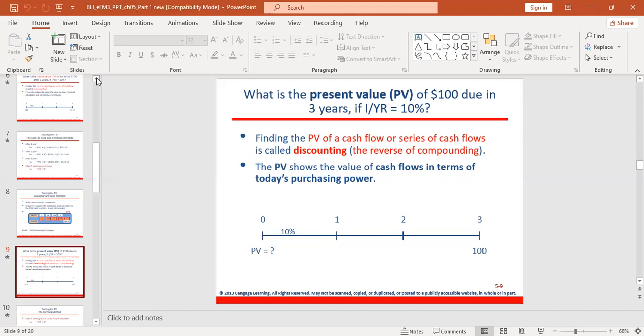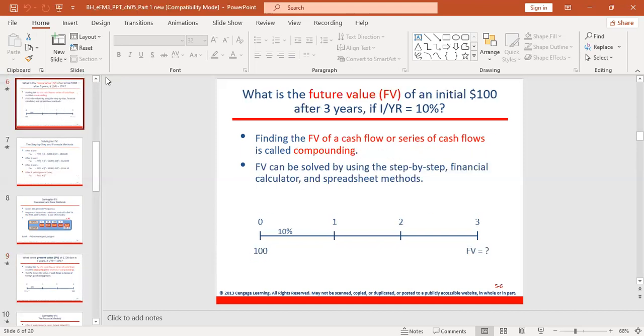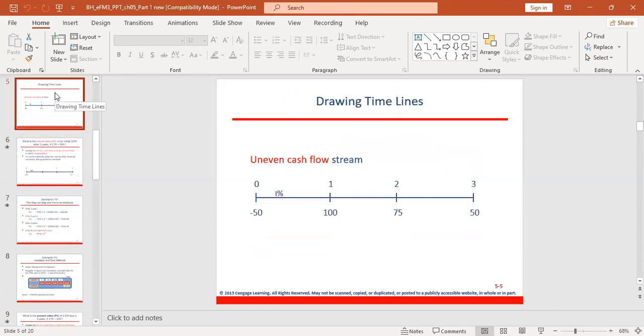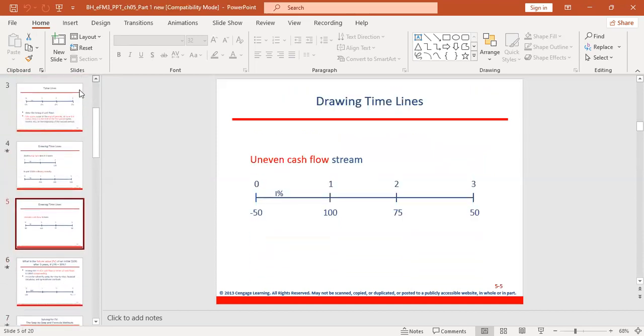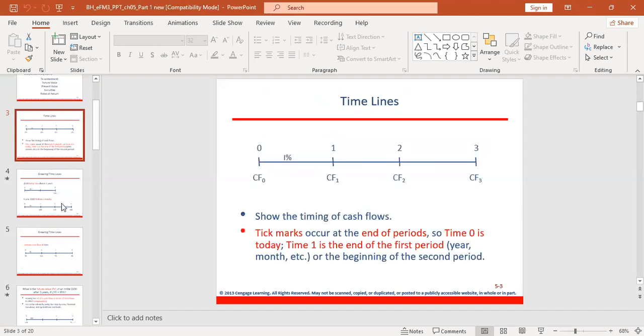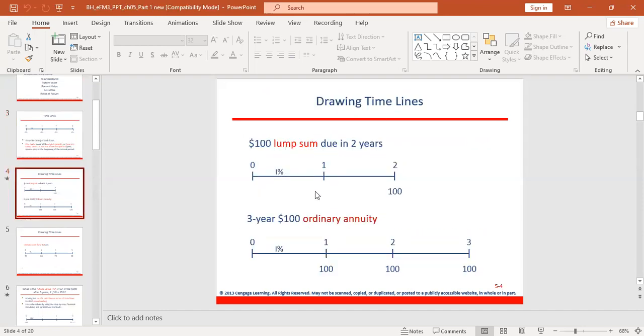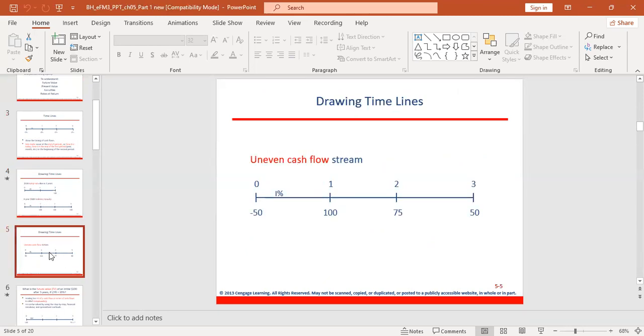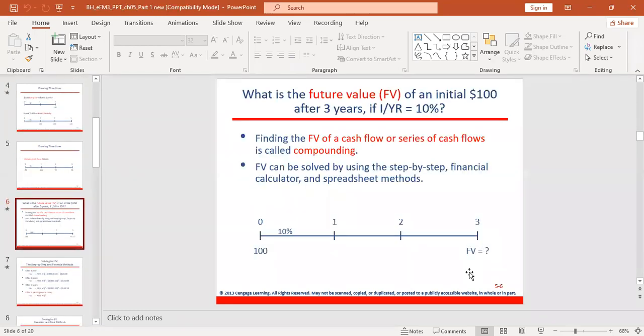Unlike, let me show you the other one for the future value. So you can see the difference. Okay, you can see for the future value, we are finding the future value of this amount today.